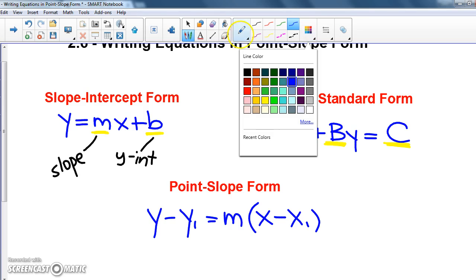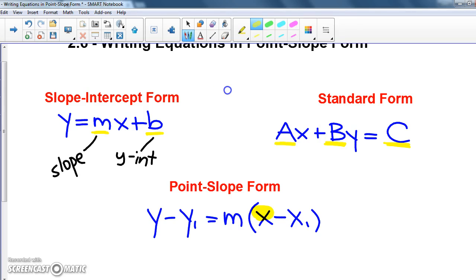The regular x and y, this x and this y, those are just x and y. We leave them alone. Just like if you look at slope-intercept, you look at standard form, you always have an x and a y. If you look right here, we've got an x and a y here. We've got an x and a y here. So just like that, the x and y stay the same. Now, the other three are going to mean different things.